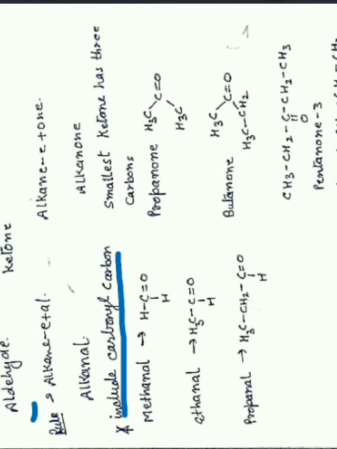So since one carbon is already there and we want to make an aldehyde of only one carbon, we cannot add any other carbon to CHO. So the first compound becomes methanal, HCHO. If you want to get ethanal, it means there have to be two carbons, out of which one belongs to the aldehydic group itself, and only one more carbon has to be added.